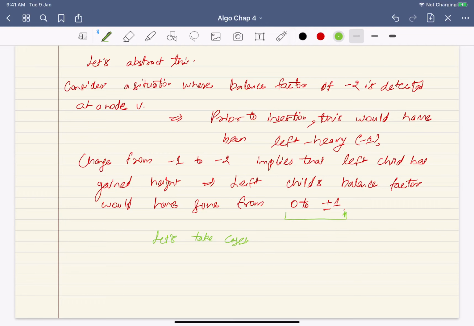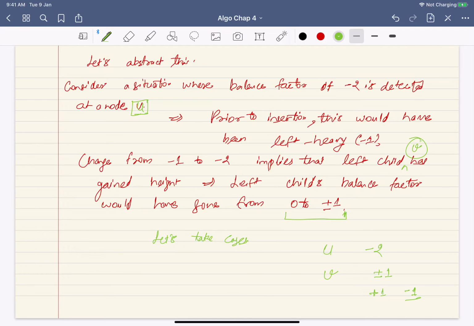We have a node U, and this left child, let's say this is node V, right? U has a balance factor of minus 2, and V can have a balance factor of plus or minus 1 after insertion. So we will have to take both cases separately. One is plus 1, another is minus 1.